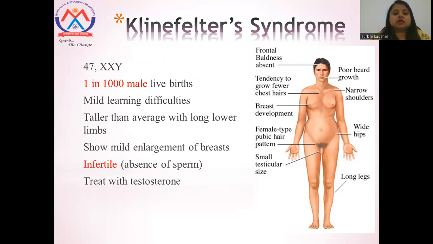Here the symptoms are mild learning difficulties, taller than average with long lower limbs, and mild enlargement of the breast. Infertile, meaning there is absence of sperm, and it can be treated with testosterone therapy. As you see in this diagram, it is a male, but it shows female-like physical characteristics.